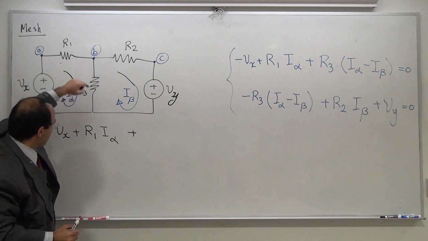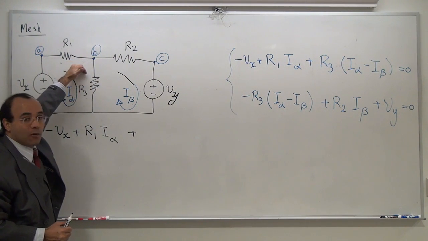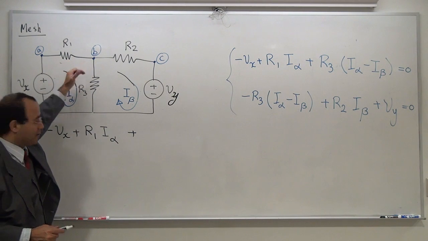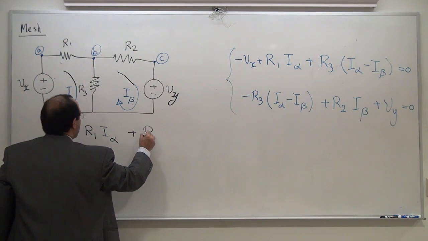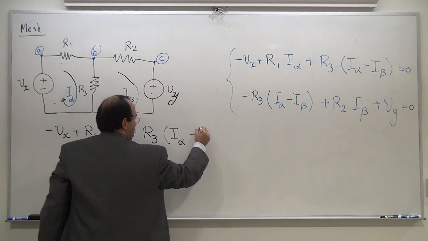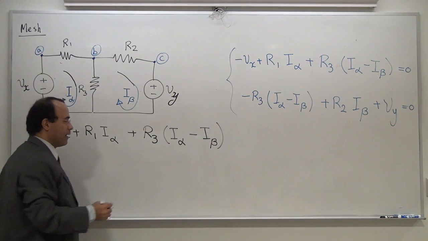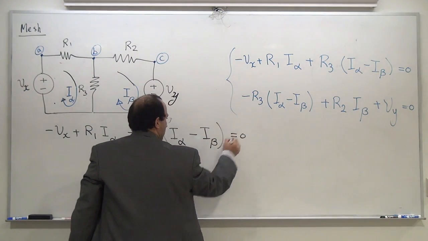Therefore, this is positive, this is negative, and the head of the arrow is going to hit the positive sign first. As such, I'm going to say this is R3, I alpha, the master, minus I beta, the slave, and it's opposing. And it's going to be equal to 0.